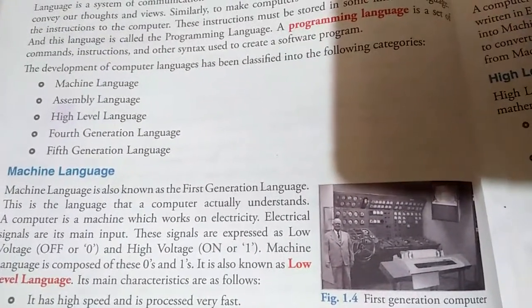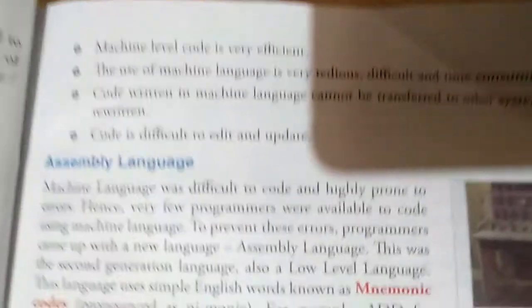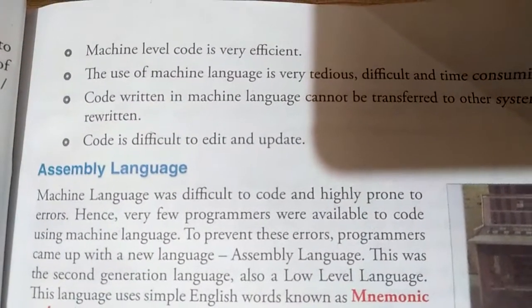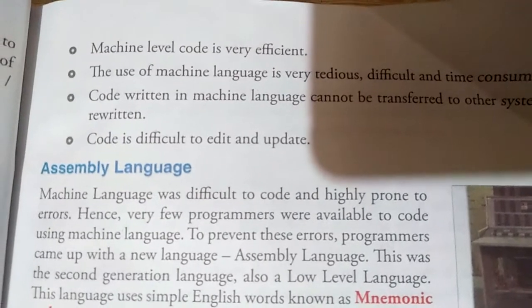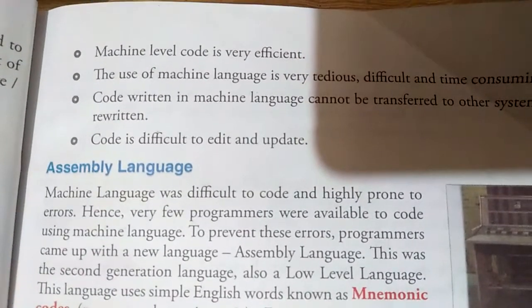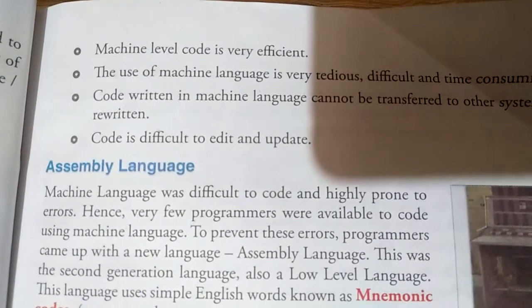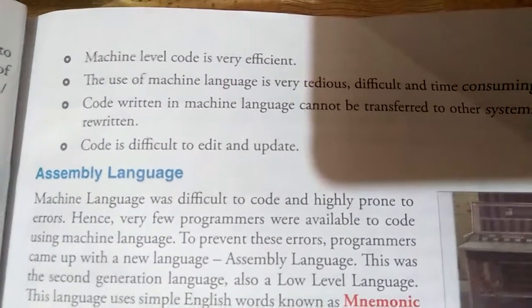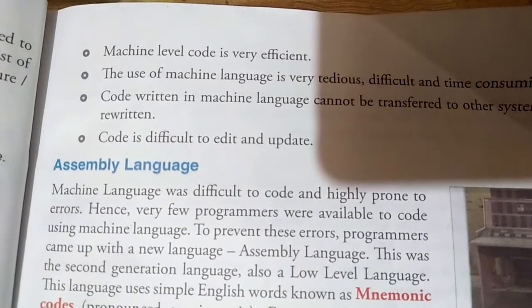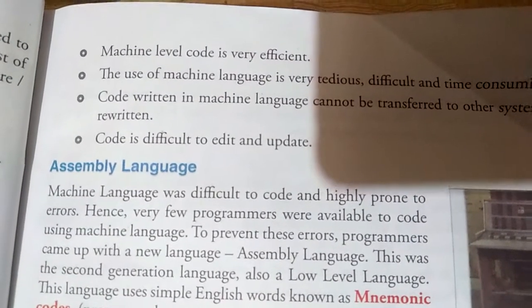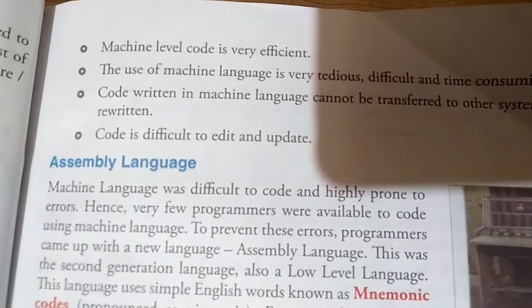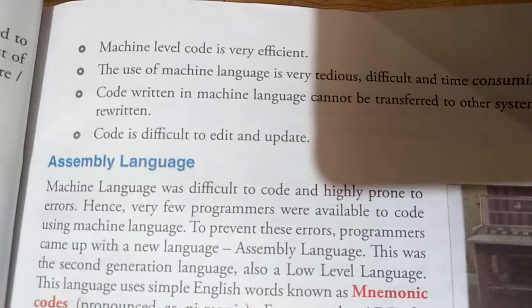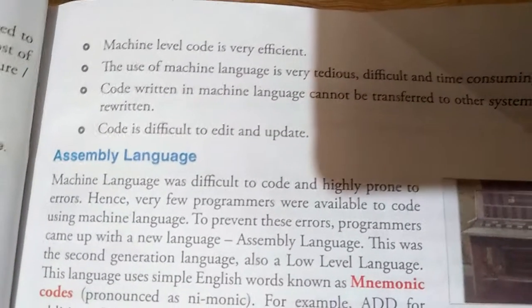So this is one characteristic of machine language, and the second one is that machine level code is very efficient. The use of machine language is very tedious, difficult and time consuming.